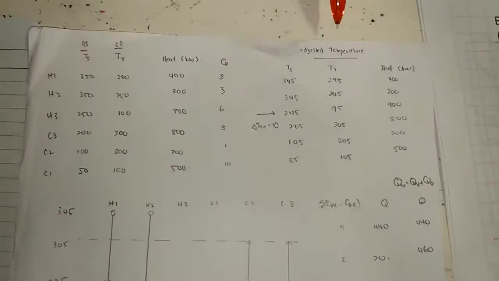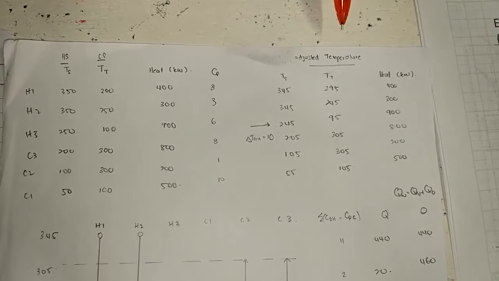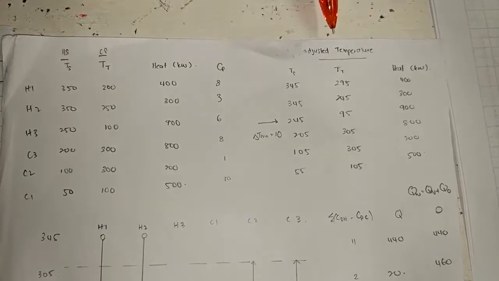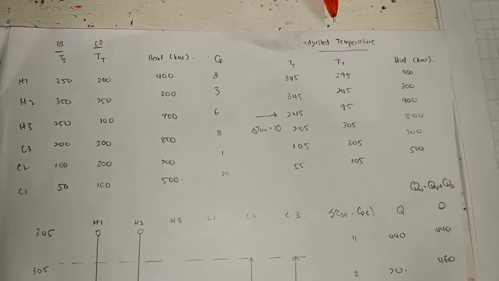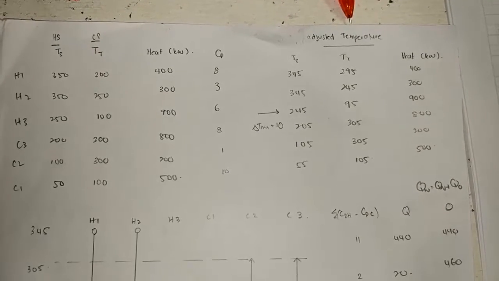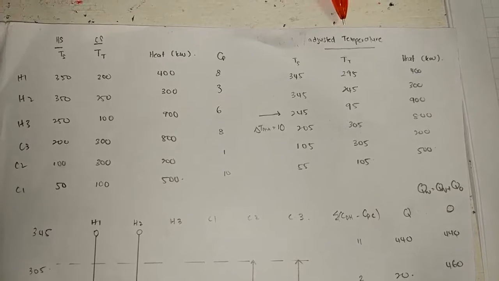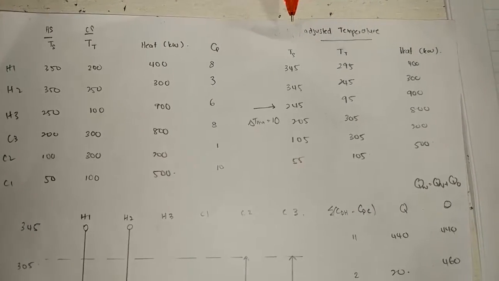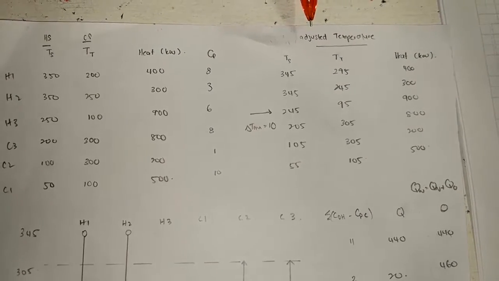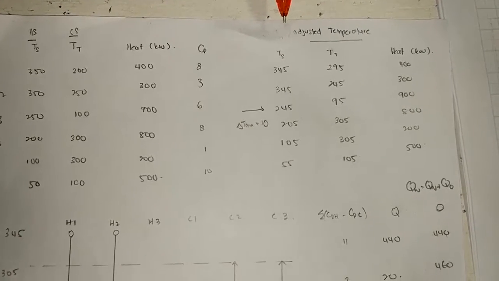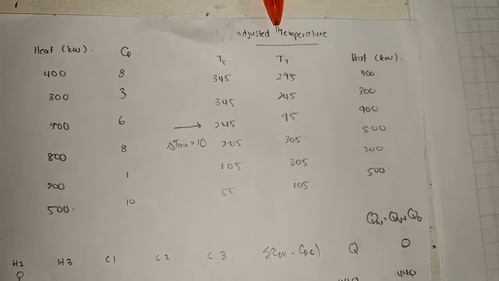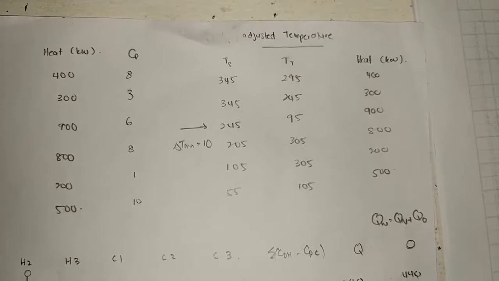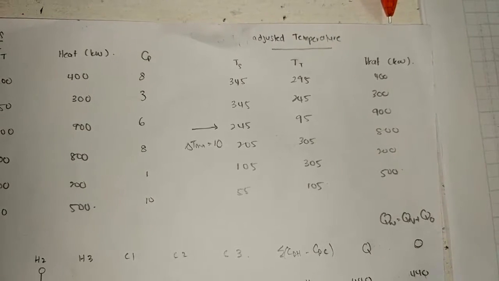For the 3 hot streams, the T min that is chosen is 10, so each temperature will be minus 5, and the cold temperatures will add up by 5. This is the new adjusted temperature. The amount of heat required will remain the same as the delta T is the same.